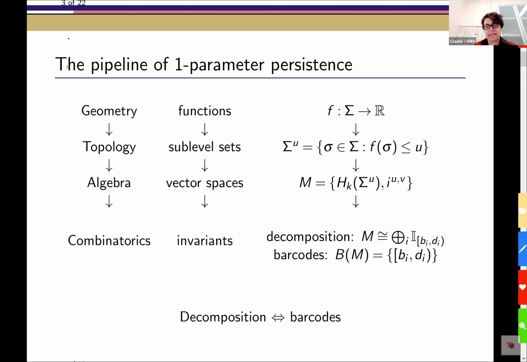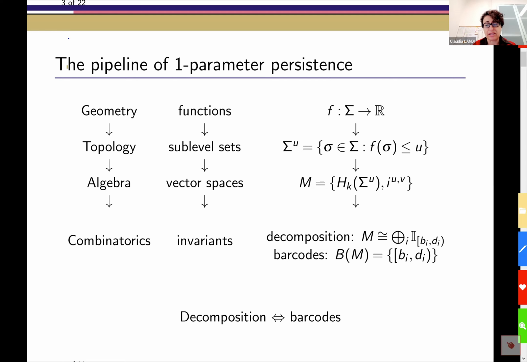be seen as an algebraic object in itself, and so we may forget where we got it from, and it has its own algebraic properties, so that we can apply, for example, commutative algebra or results from quiver representation theory, and from those theories one obtains a decomposition of the persistence module M into indecomposables that in the one parameter case are interval modules.